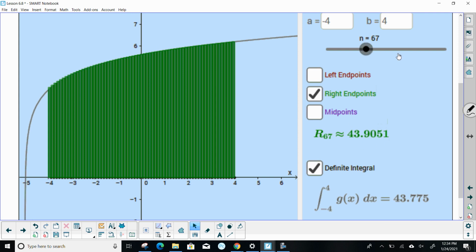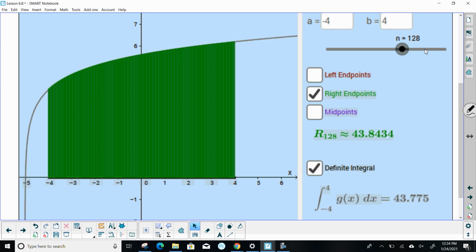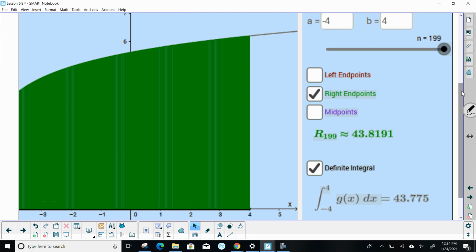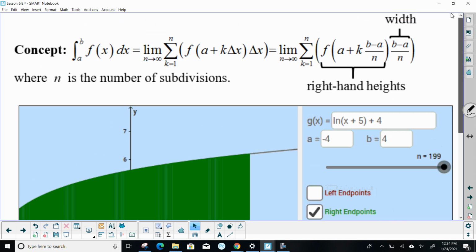And if I keep going, there's at 128. That's even closer. Let me slide it over. Oh, there we go. Get to 199. It's pretty dang close to what it equals. So what we're going to talk about is you can take Riemann sums.